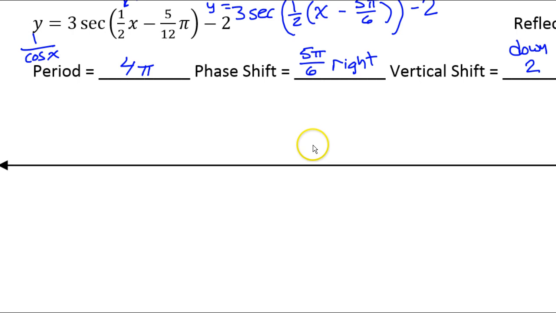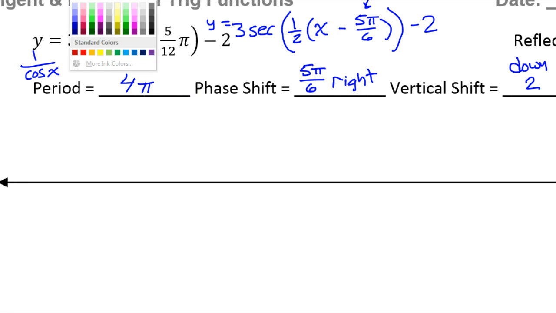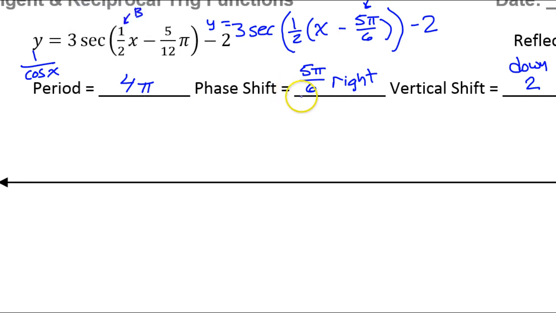And it's shifted to the right. Anytime I have a phase shift happening, what I really like to do is start at the phase shift.